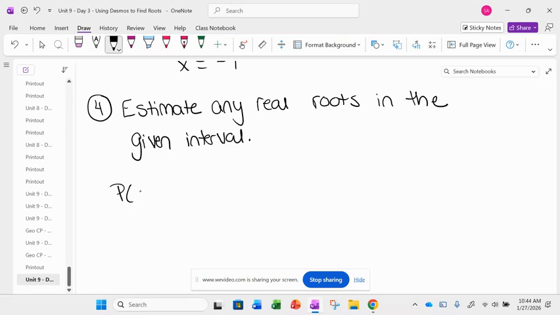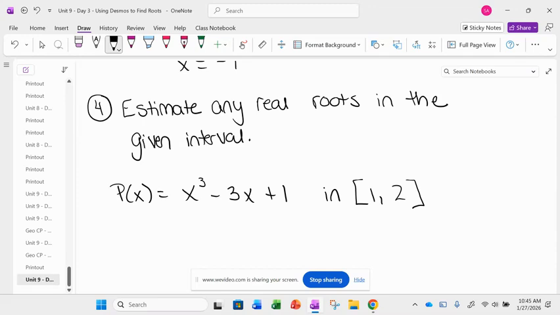And we're going to have p of x equals x to the third minus 3x plus 1 in the interval from 1 to 2. So am I looking for all 3 roots?